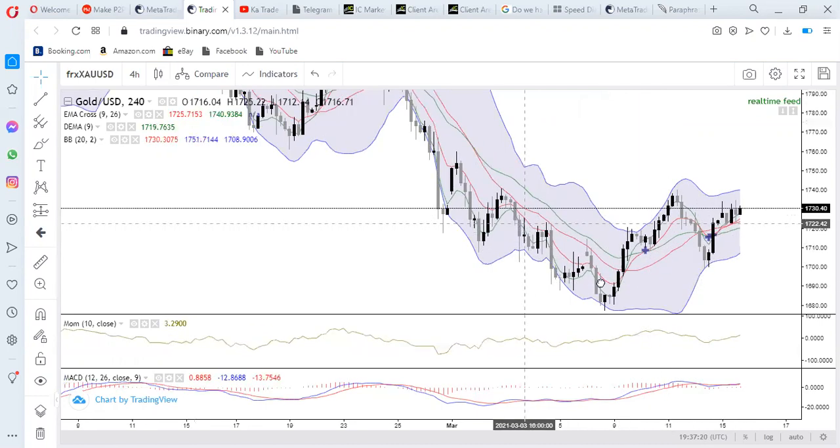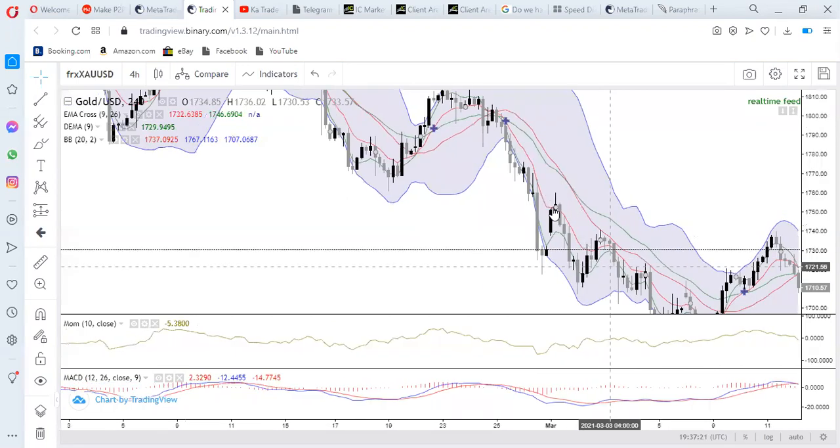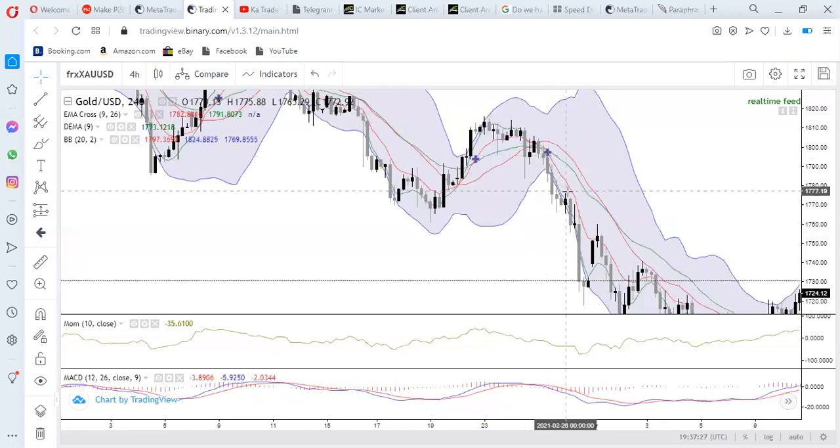It tells you that you need to sell right after the cross. The same thing happened here. As soon as the red moving average crosses this one, we see a cross in the middle, meaning it tells you to enter.